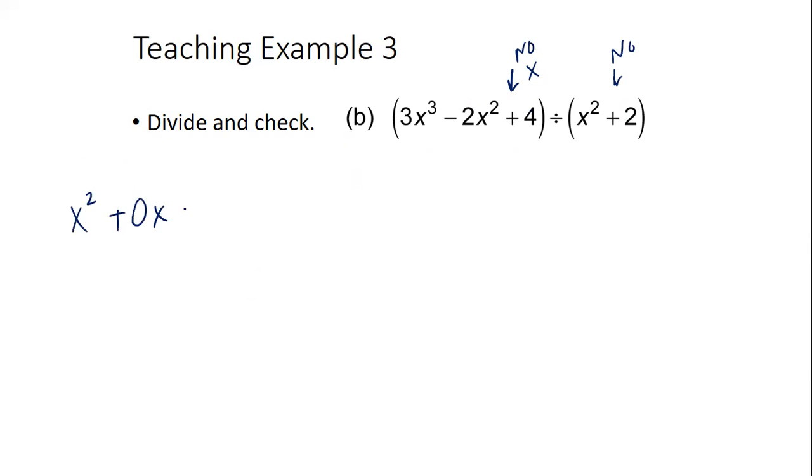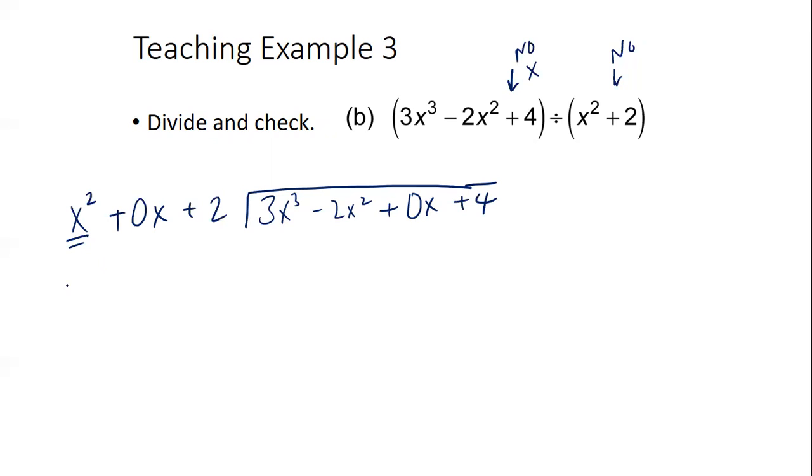So this is missing x, so I put a 0. And this is also missing x, so I put a 0. Does adding a 0 change the value of what I have? No. Remember, it's all based off of your first term. I'm going to stop talking and let you see what you do.